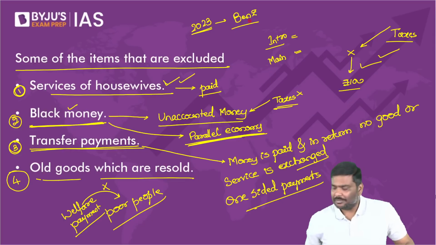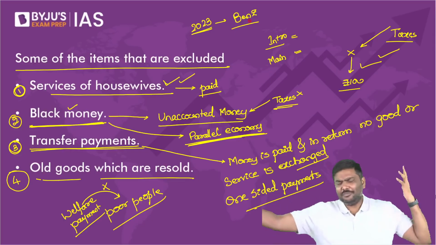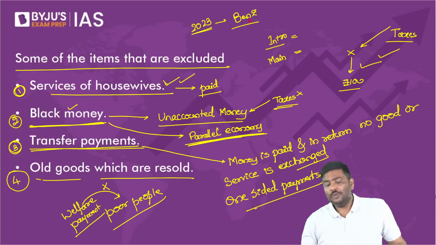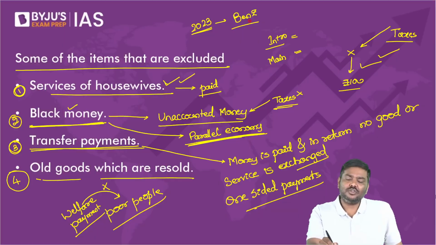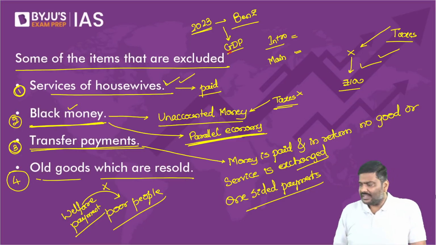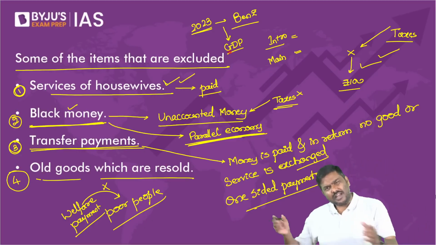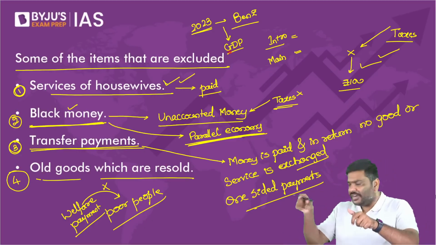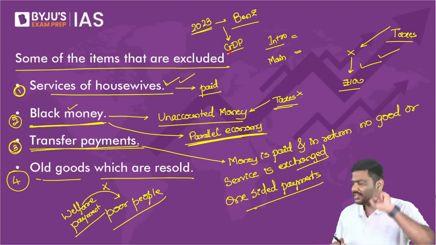Now please tell me, when you purchase the Benz car, a new one by the way, can I say this is already accounted in the GDP of 2023? Accounted means counted when GDP for 2023 is calculated. Answer is yes.